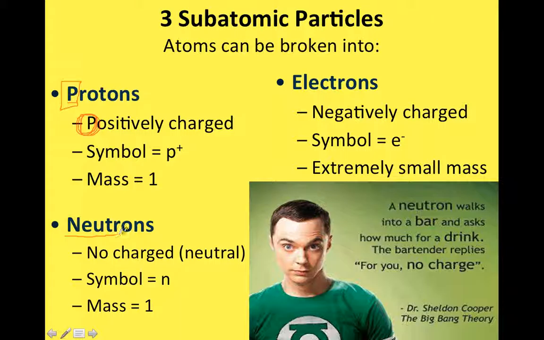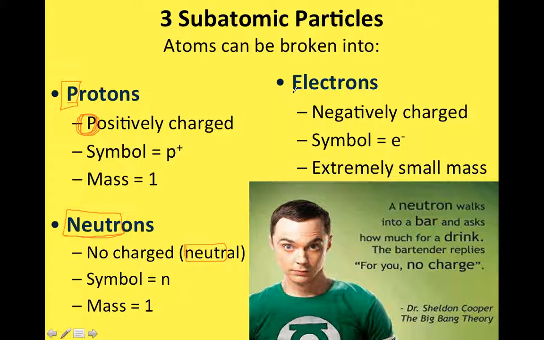Neutrons, if I look at this and cut most of the root word for neutrons, are neutral. So you can almost see the word neutral in the word neutron. And basically a neutron has no charge. They're kind of a filler component that's found in the atom.